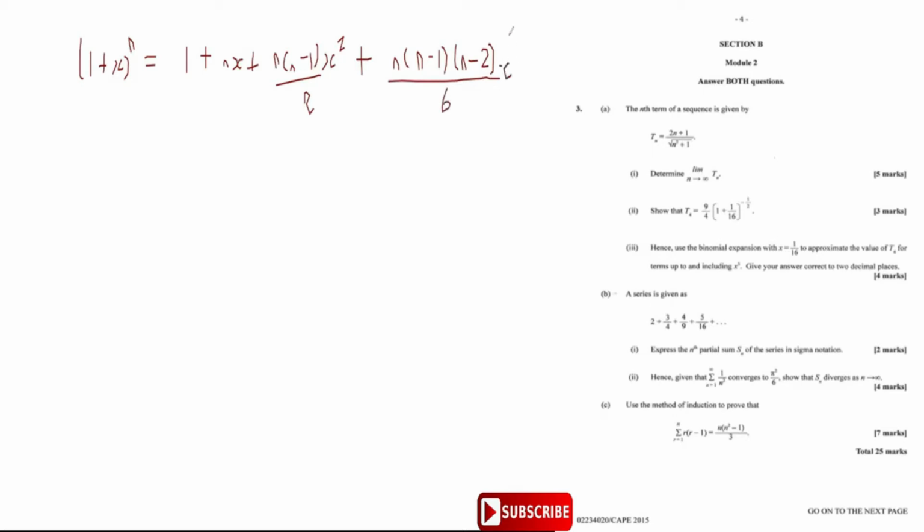And that's the formula for 1 plus x to the n. So you're saying, sir, what are you saying? What I'm saying is replace x with 1 over 16. And in this case, n is minus a half.